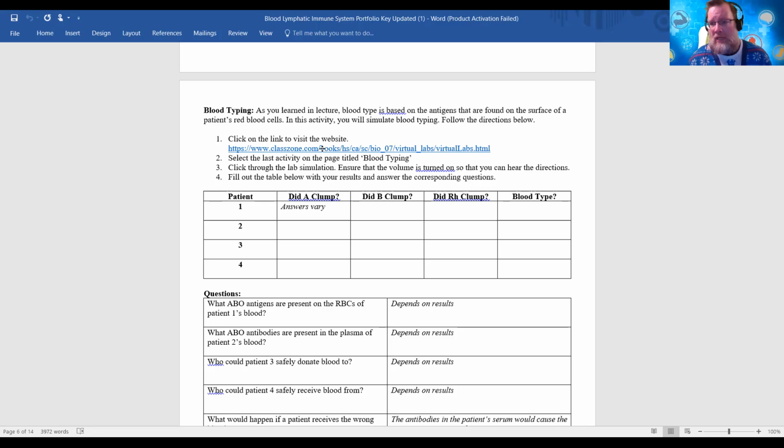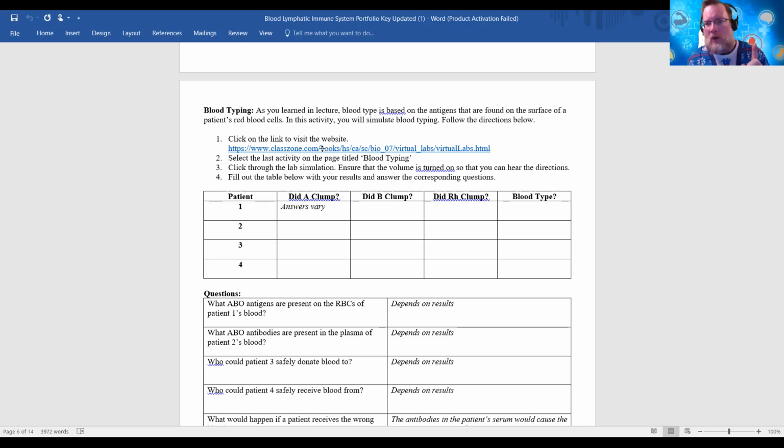It's probably either A blood or AB blood, because with AB, we would have both samples clumping. So keep that in mind when you do the blood sampling. You have 4 patients and 4 blood types, so it's likely you're going to have an A, a B, an AB, and an O patient.